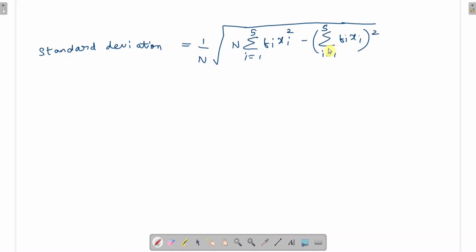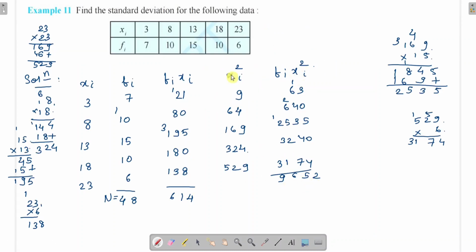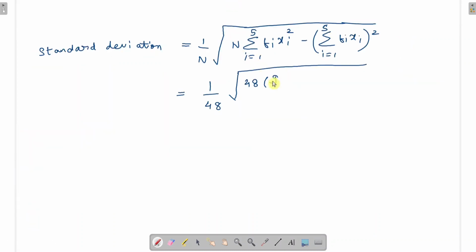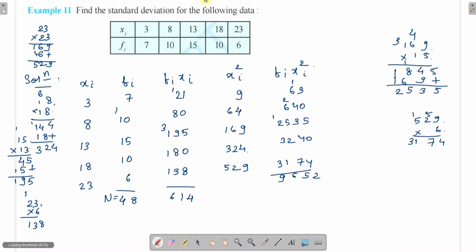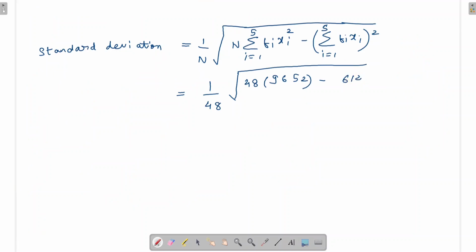So this is equal to 1 by n, which is 48, then root of 48 times summation of fi xi square, which is 9652, minus summation of fi xi, which is 614, and then the whole square.